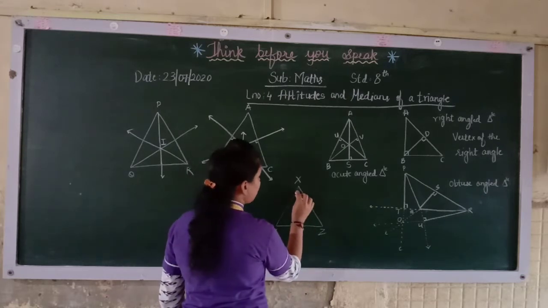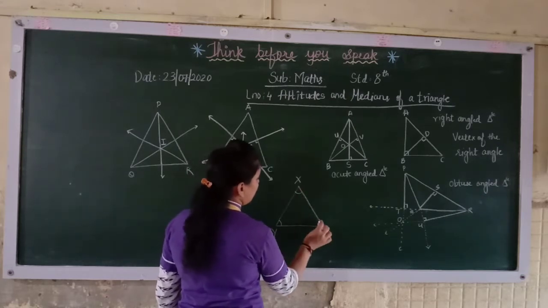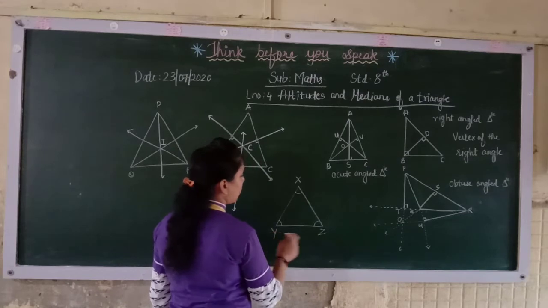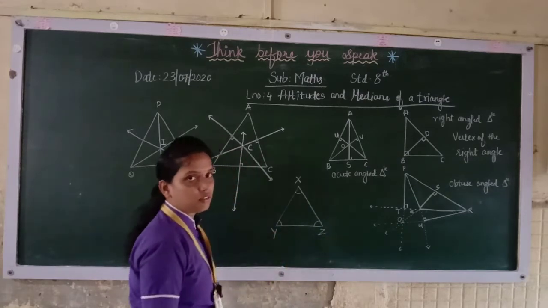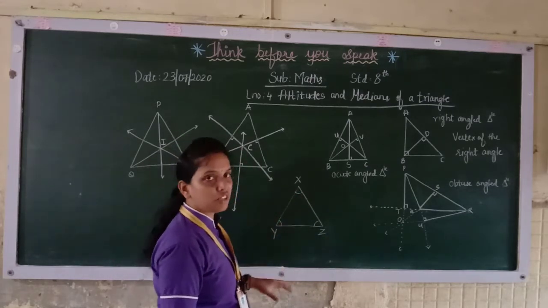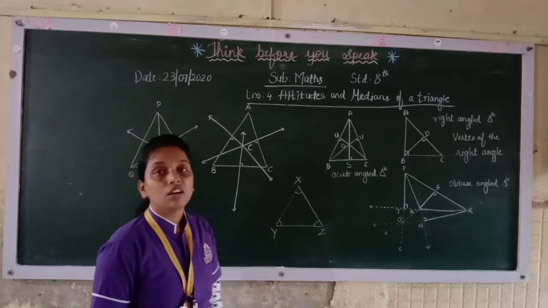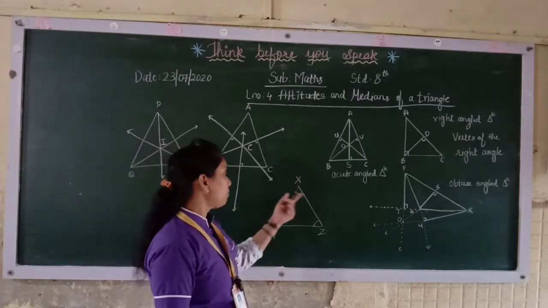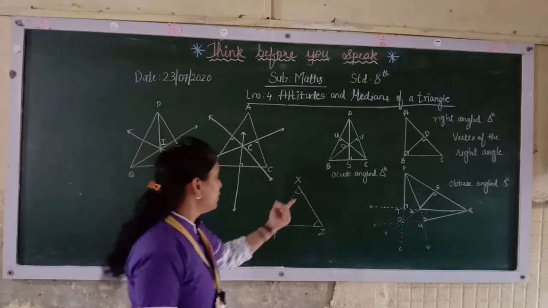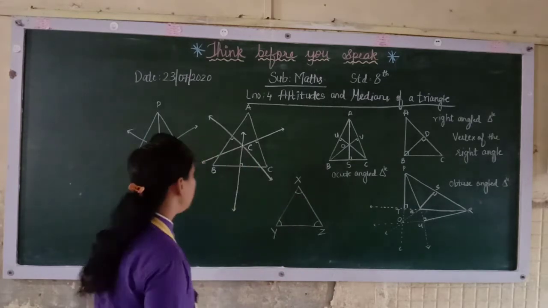Similarly, it is having three angles. Here it is angle X, angle Y and angle Z. You can also call them the vertices of the triangle. This is one vertex, second vertex, third vertex. So it is having three vertices, three sides and three angles.